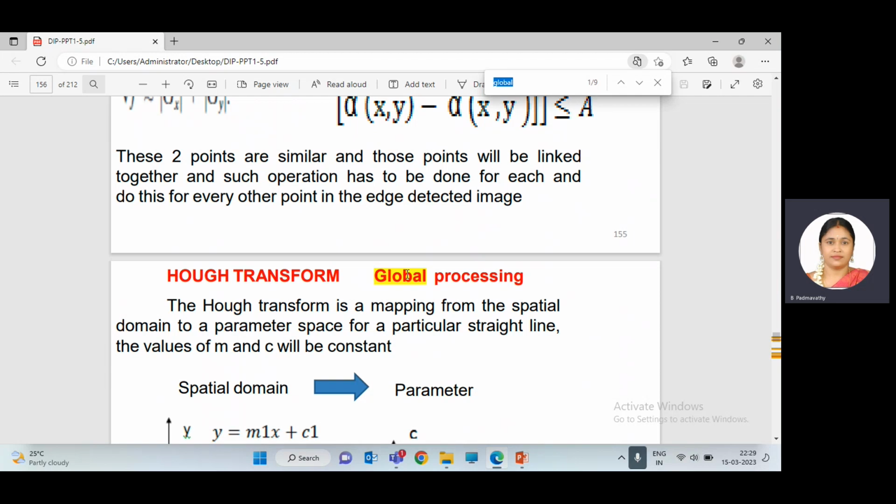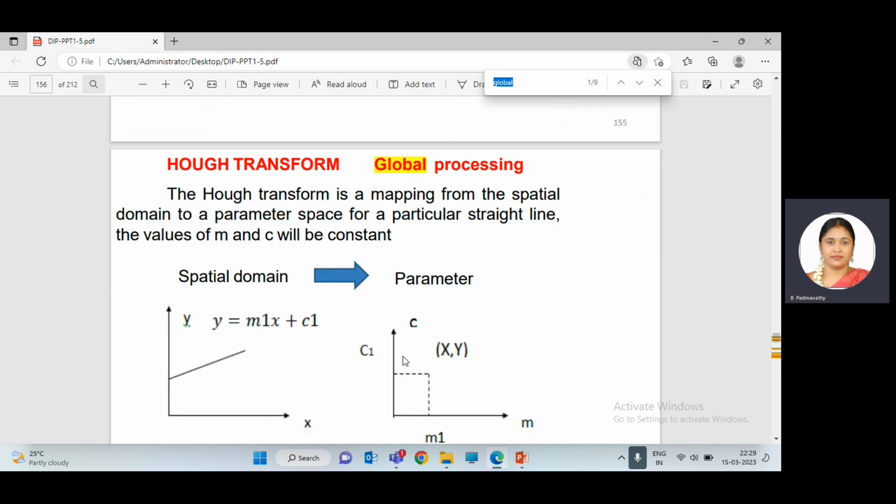Now we are going to see global processing using Hough transform. If you take n number of points and you know y is equal to mx plus c, which is nothing but a straight line equation, here you can take a straight line with a slope of m1.